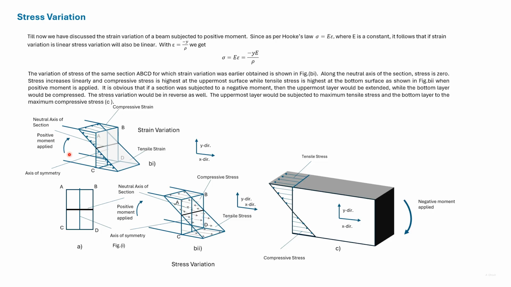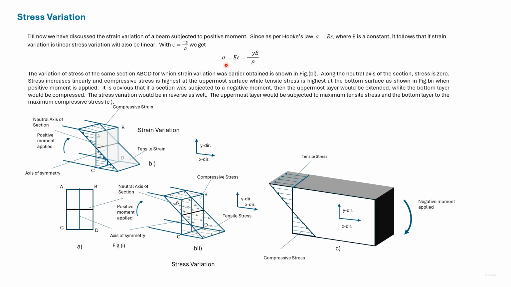Thus, for a beam subjected to a positive moment, there was a neutral axis with zero strain. There was compressive strain on the top and tensile strain on the bottom. The variation was linear and the strain was given as equal to minus y divided by rho.